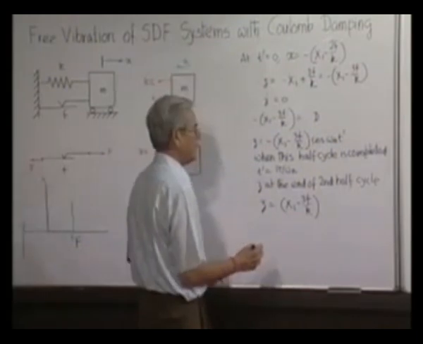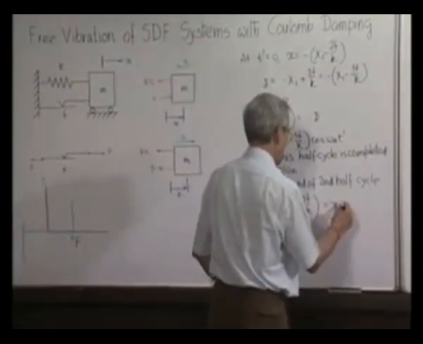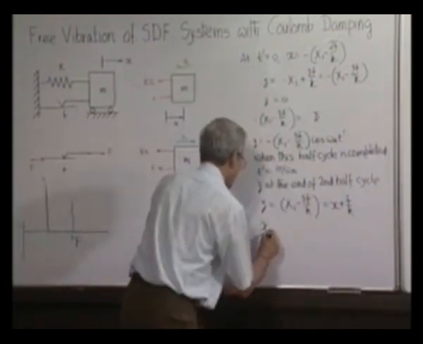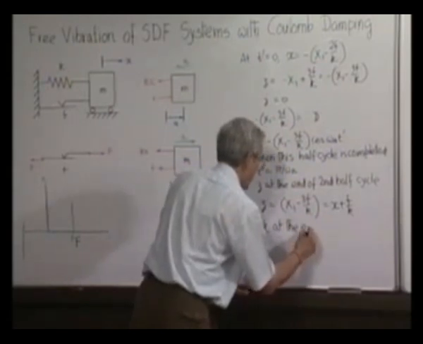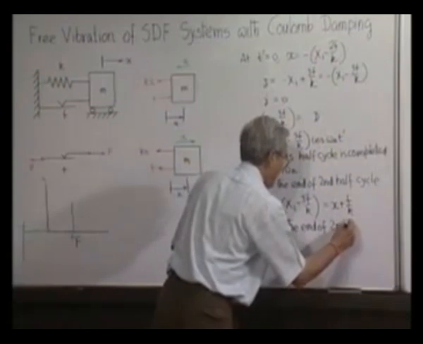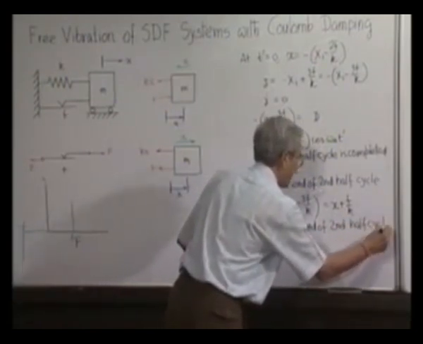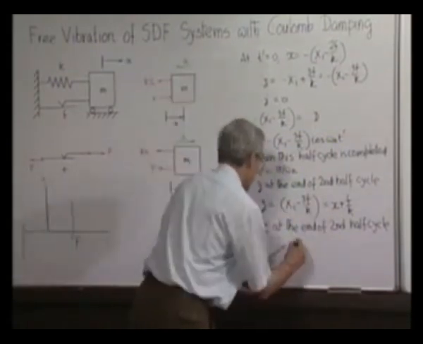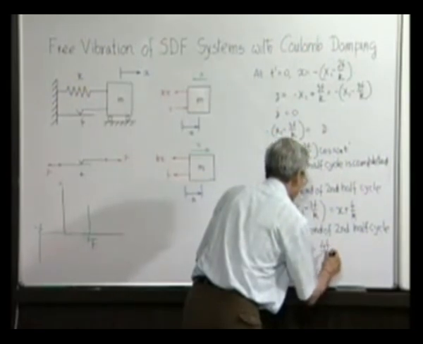And obviously z is equal to x plus f by k. So, x at the end of second half cycle is equal to how much? x1 minus 4f by k.